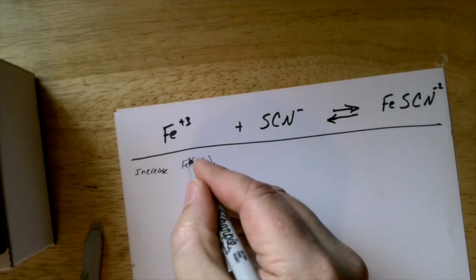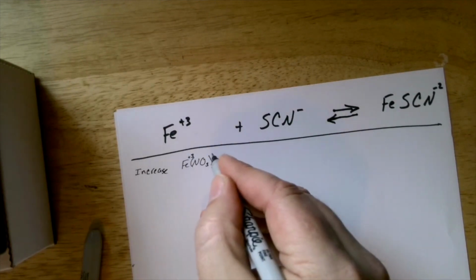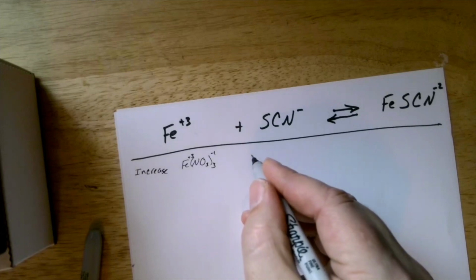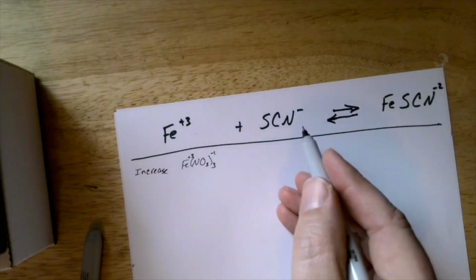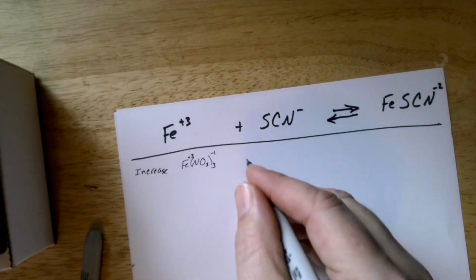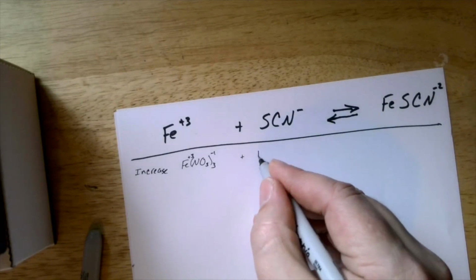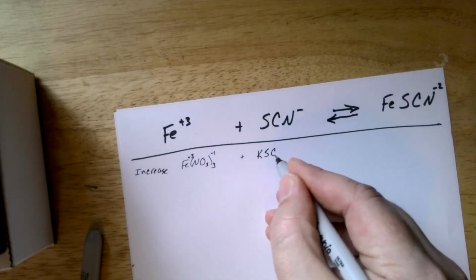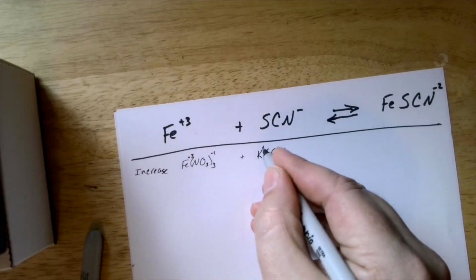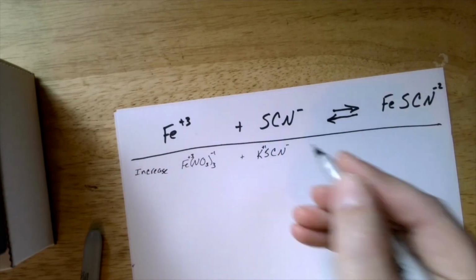Okay, this has a +3, this has a -1 charge. Or another way we can also increase the amount of thiocyanate is by adding more of the potassium thiocyanate. Potassium has a +1, thiocyanate here has a -1.